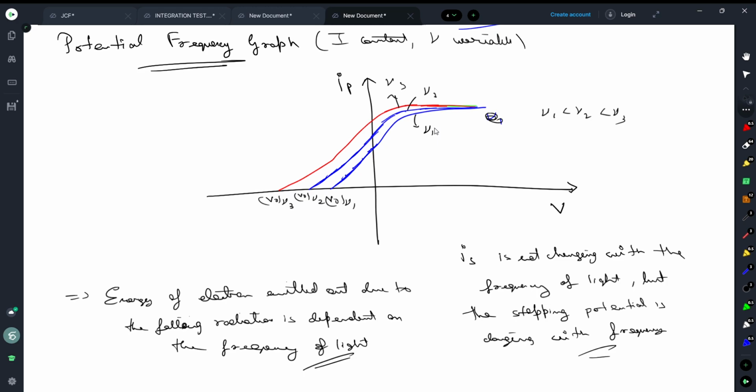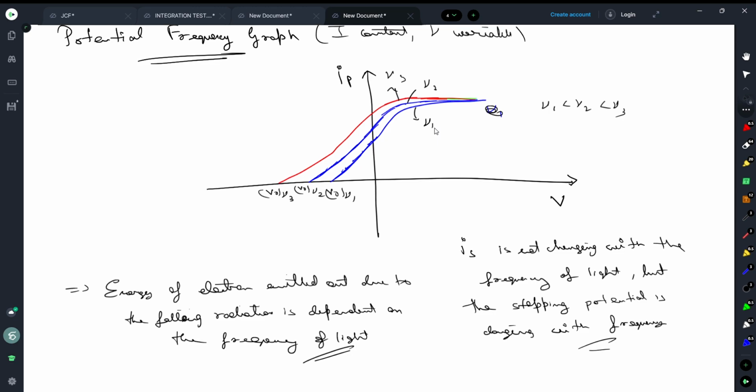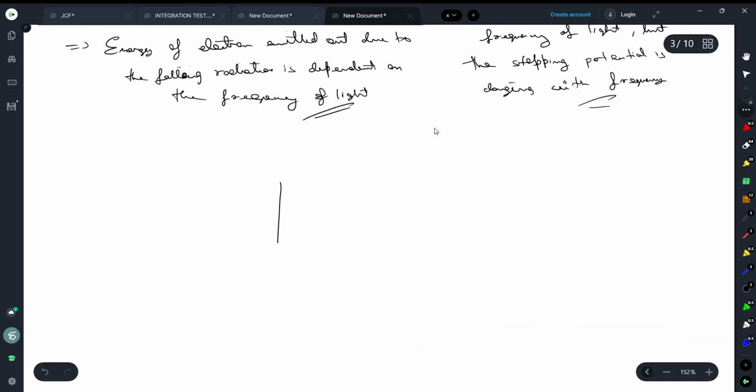So what is happening here is that, or rather, what is a simple conclusion of this statement? What is happening is that the light which is incident on the metal plate is acting like a bullet. Suppose this is the incident metal plate, and this is the light ray, coming as a bullet and colliding with an electron.